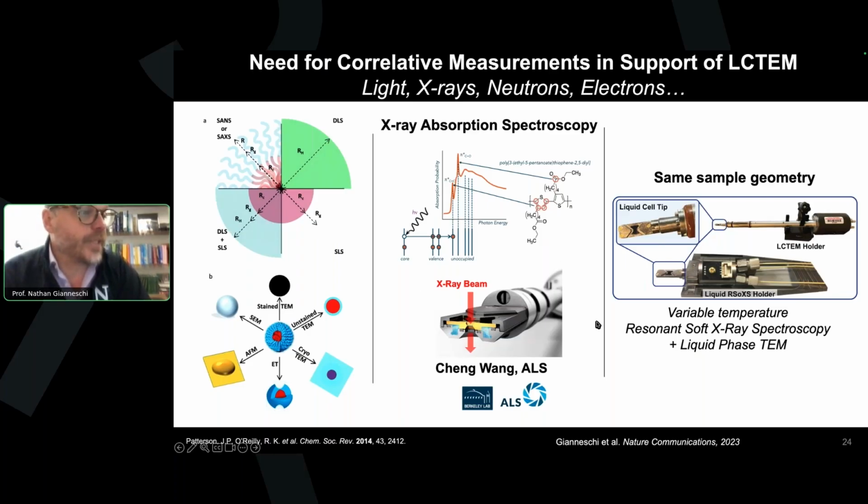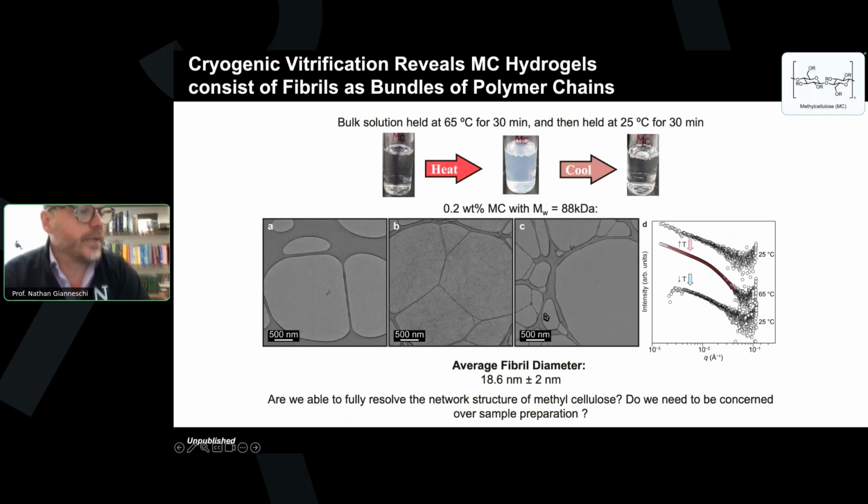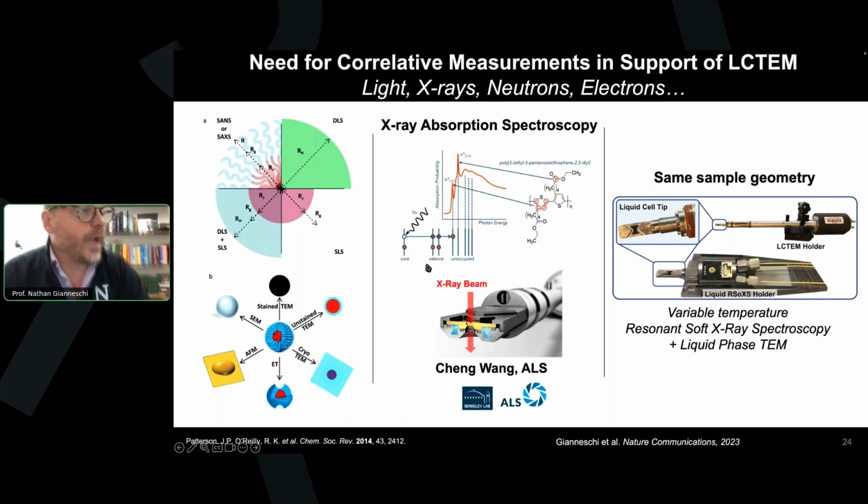This was an image that came from Cheng Wang's group at ALS, who we worked with on this. Sorry, I skipped forward a slide, where he had proposed mounting these tips, and you can see that liquid cell tip mounted in his RSOXS holder at Berkeley, where we could do an experiment, and we published on this in 2023, where we did an experiment.